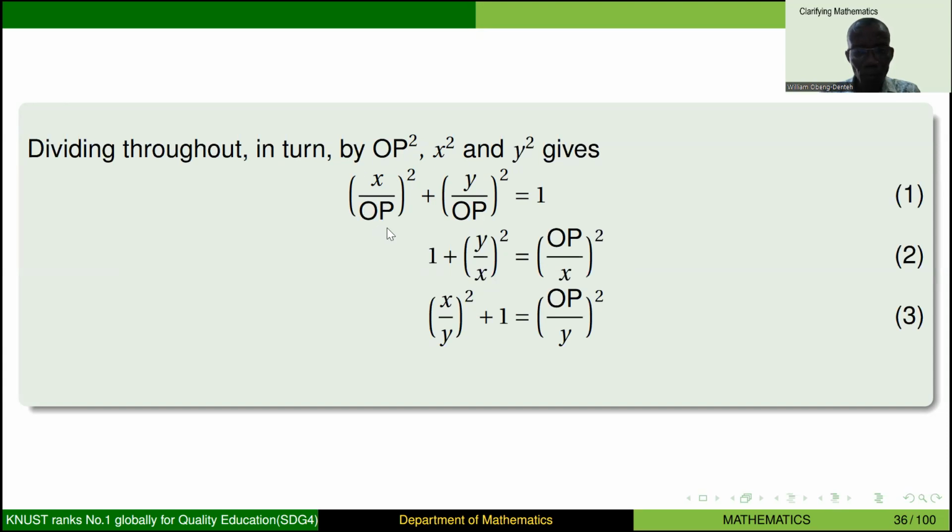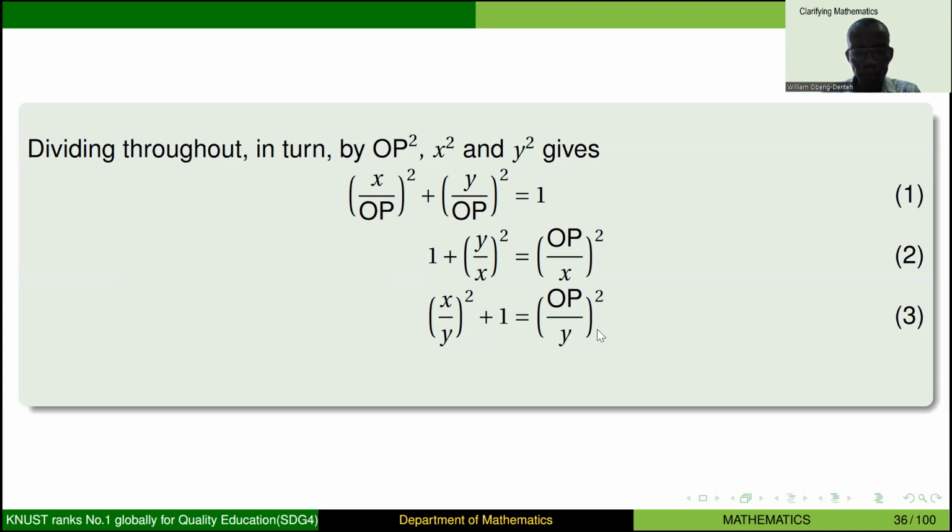So we get this, divide by OP squared, then we used to have the OP squared here, so we divided by OP squared to give us 1. So that's first. Now we go back to that expression and divide also through by x squared. So that also gives us this expression. Then finally we divide by y squared, and that gives us this expression.